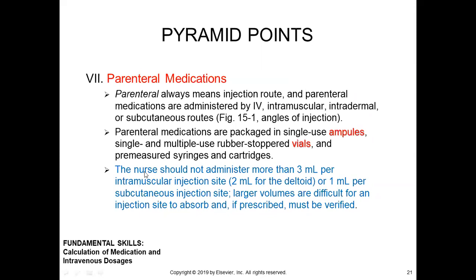The nurse should not administer more than 3 ml per intramuscular injection site or 1 ml per subcutaneous injection site. Larger volumes are difficult for an injection site to absorb and, if prescribed, must be verified.